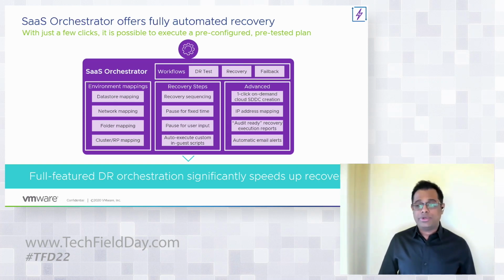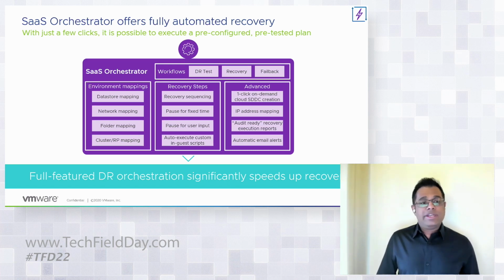You can pause for user input. You can also pause for fixed duration of time, where you want the plan to automatically proceed after that duration expires. And we allow you, as part of the recovery plan, to execute custom in-guest scripts, both pre and post failover.